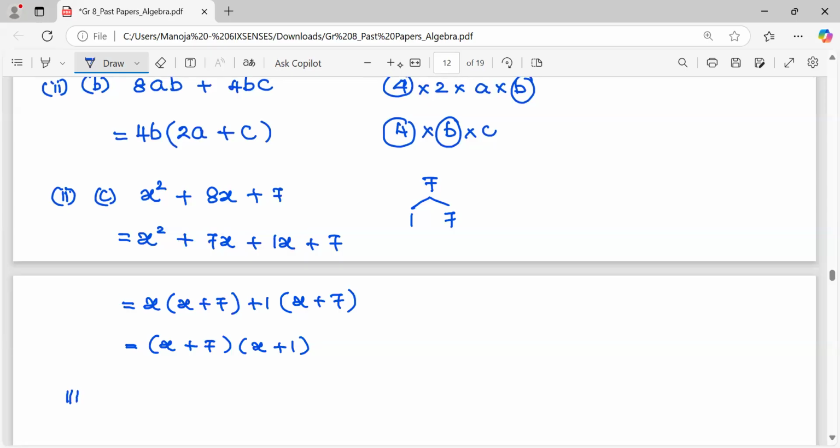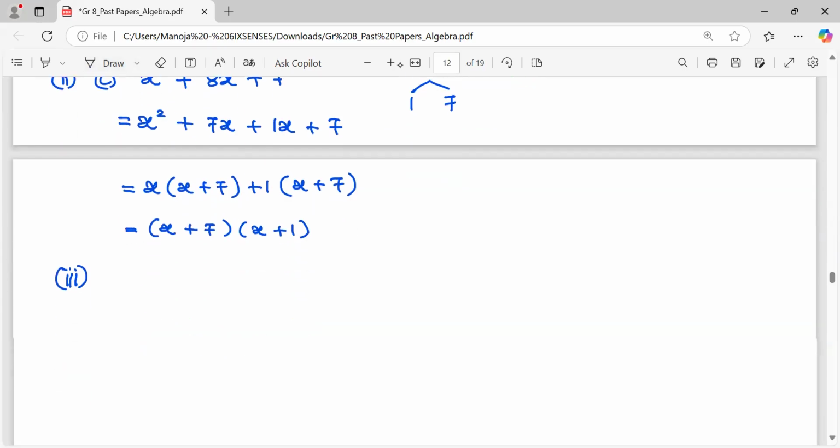I put the question number 3 and there I write 18a squared minus 2. So 18 means 2 times 9 times a times a, and 2. So 2 is the only common thing.